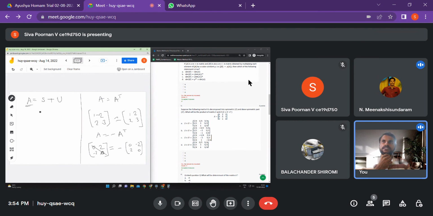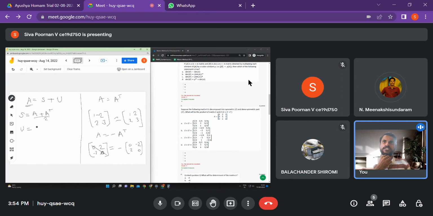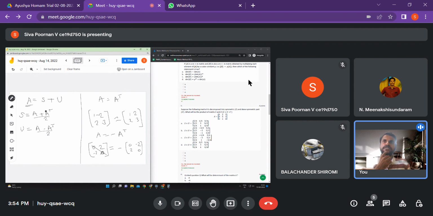We can write the symmetric part to be A plus A transpose by 2, and the skew symmetric part to be A minus A transpose by 2. We can see that the first is a symmetric part because if we take the transpose, it will be the same thing. But if we take the transpose of the second, it will become its negative. And when we add both of these, we will get A. So that's how we show it.